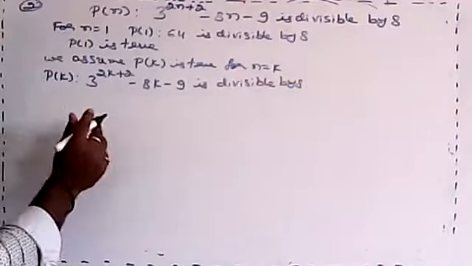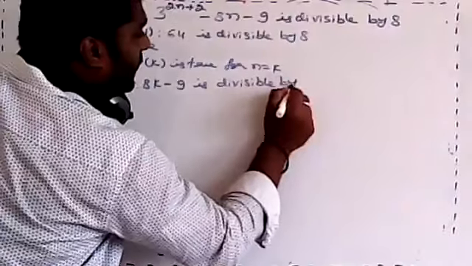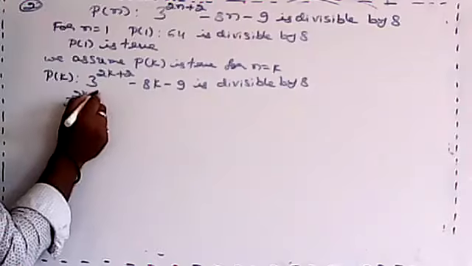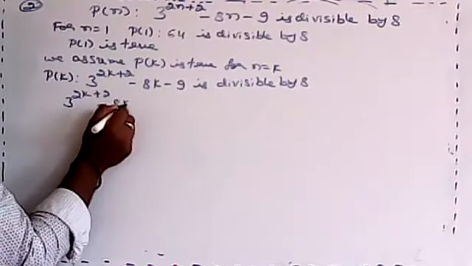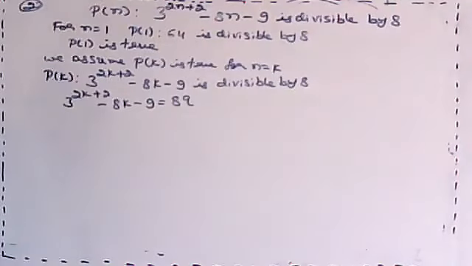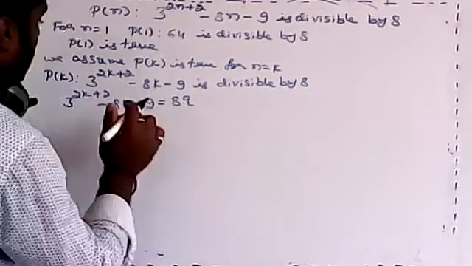So we can take this as divisible by 8, that is, 3 to the power of 2k plus 2 minus 8k minus 9 as 8q. Correct? Clear?